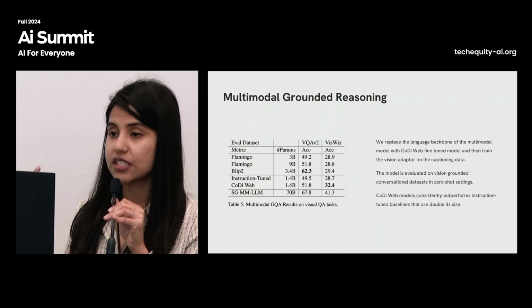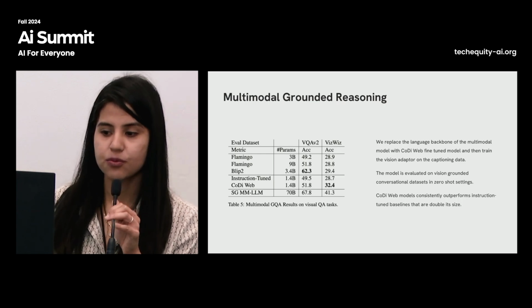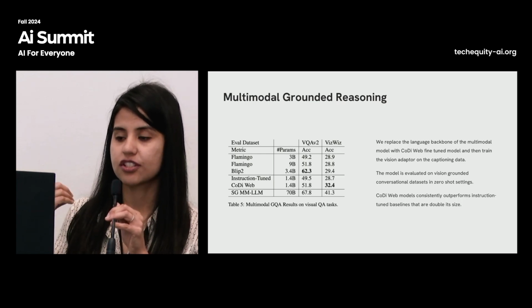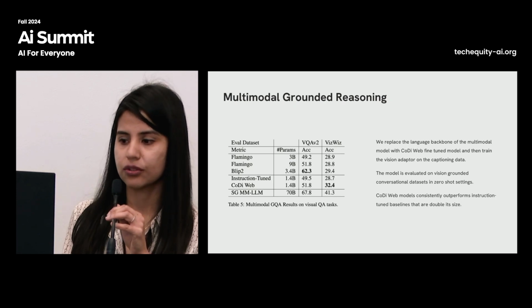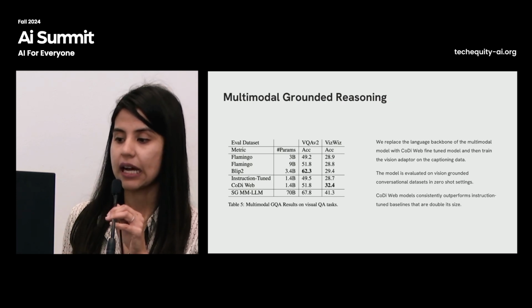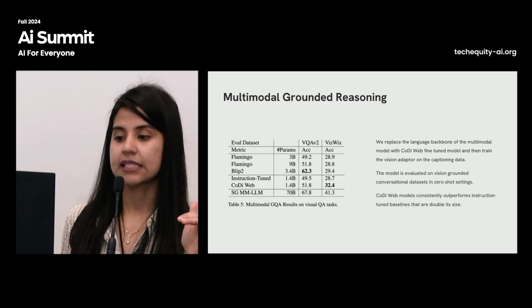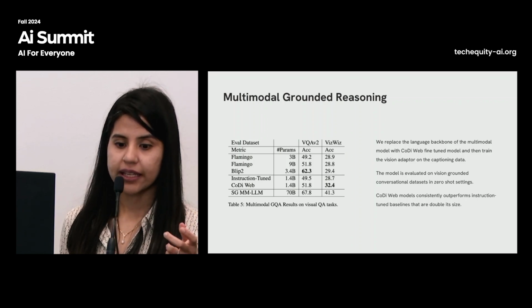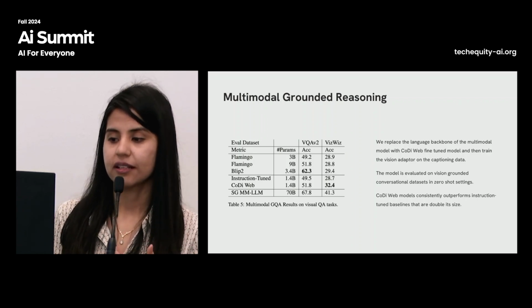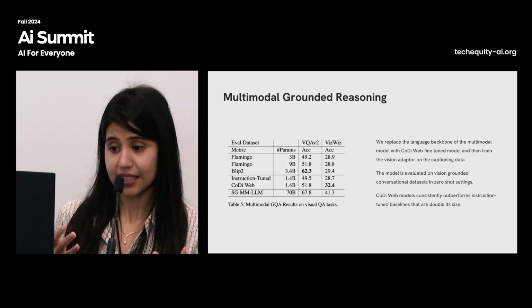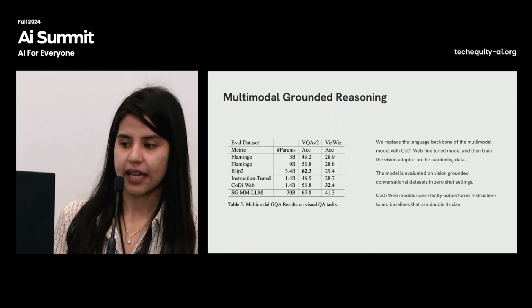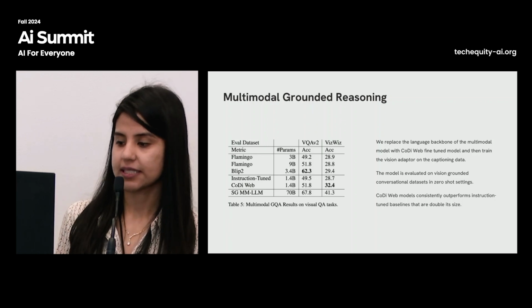Again, we did see much more improvement using our fine-tuned model than the instruction-tuned Llama model on both of these data sets. And it was surprising to see that even against state-of-the-art models, which are 3 billion, twice the size of this model, it was very competitive in the space.